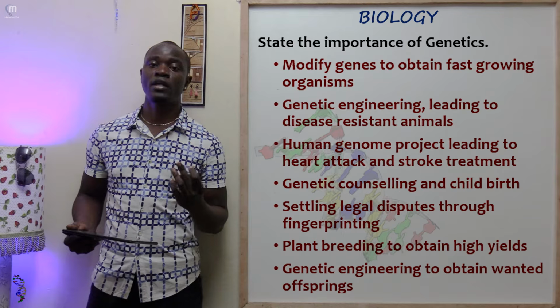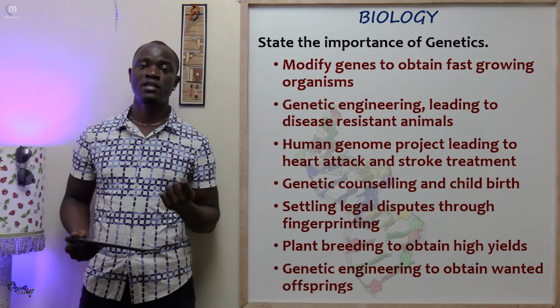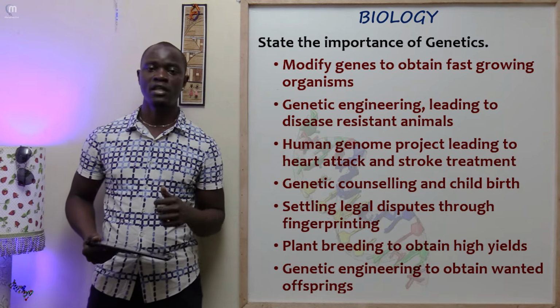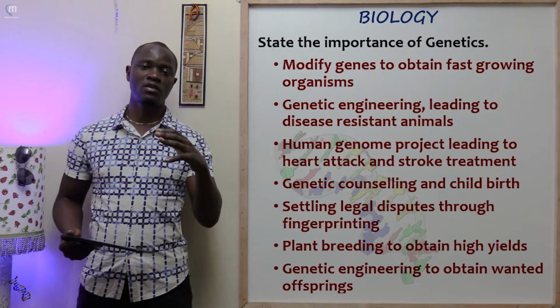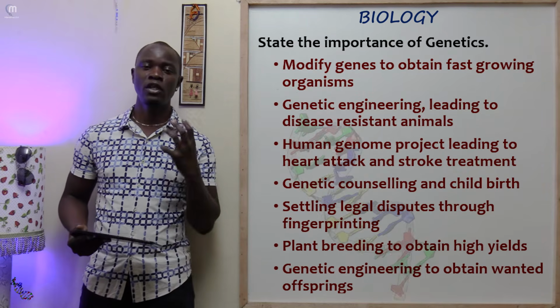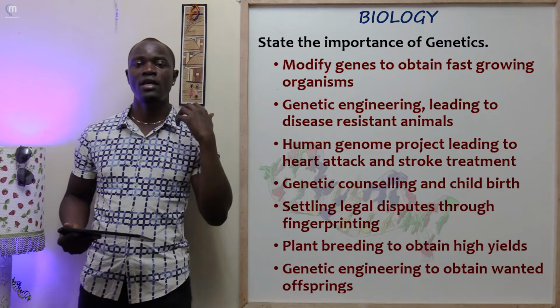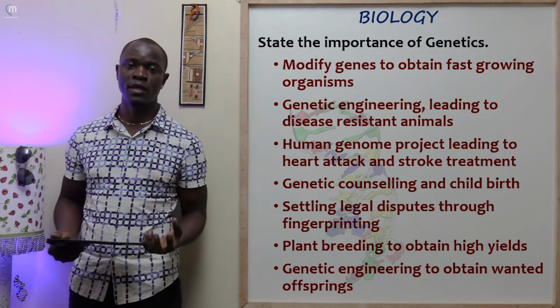So also, you can do that for hair color. If you want the child you're going to get to have very long hair, you can do genetic engineering. If you want them to be this tall, this short, in short, through genetic engineering, you can manufacture the offspring or the baby that you want.